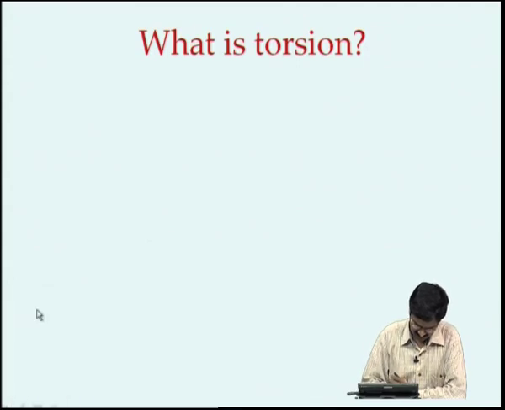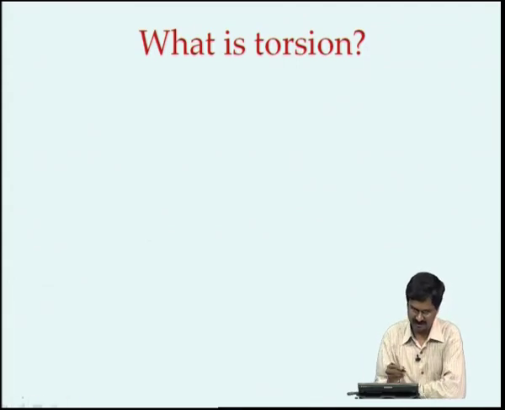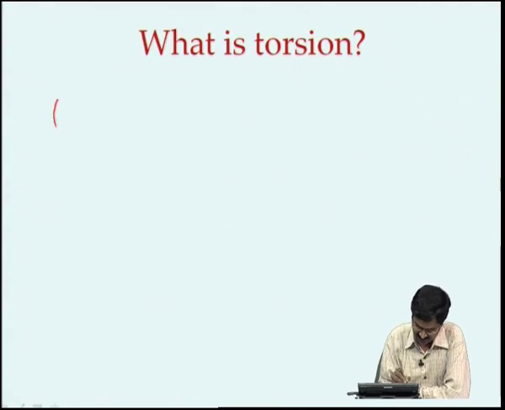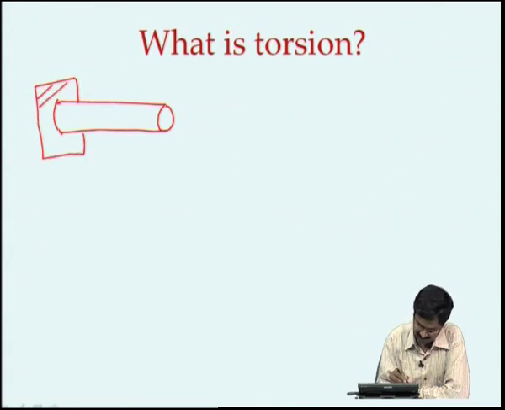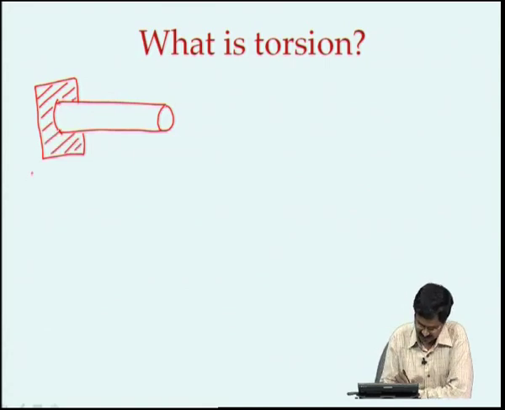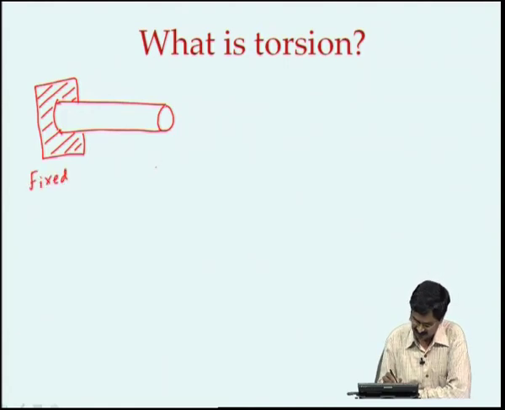Let us take the kind of structures that we have already studied. Let us say I take something that looks like this. Let us say it is fixed into the wall on the left side. This side is fixed into the wall, and this other side is free.